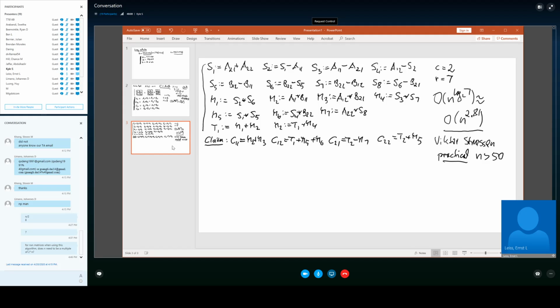We know an obvious trivial lower bound, which is n squared. N squared is the number of elements in C, so obviously, since we have to find n squared numbers, we have to have an algorithm that at least takes order of n squared time. Can it be done in n squared? Well, we don't know.